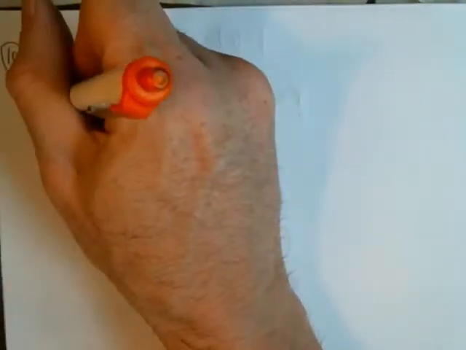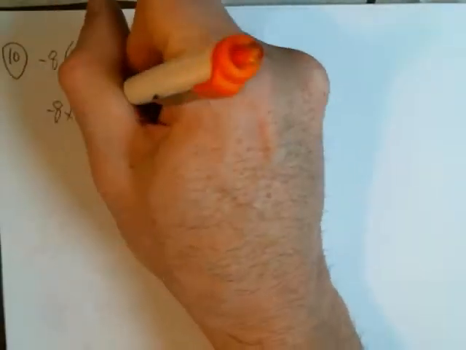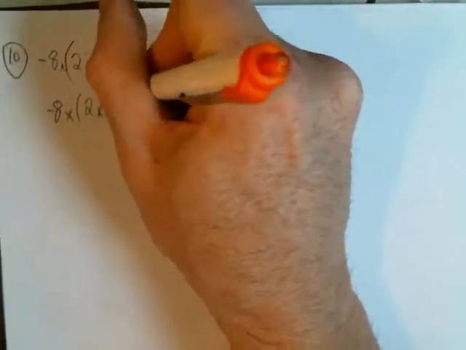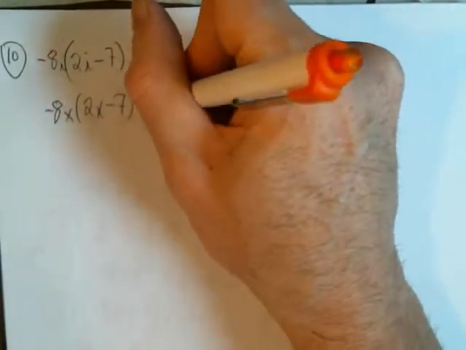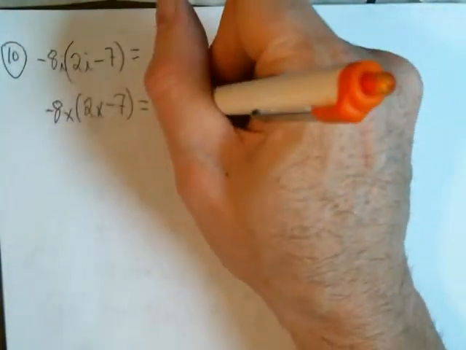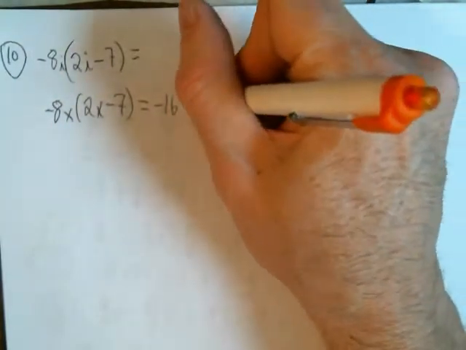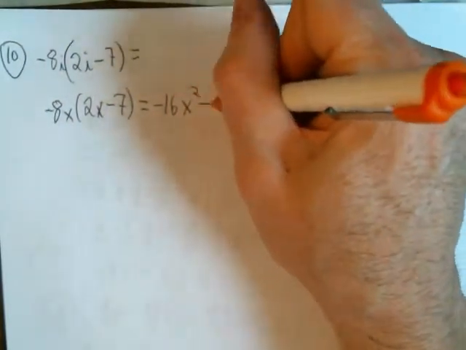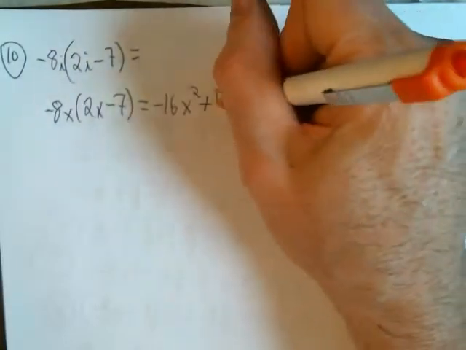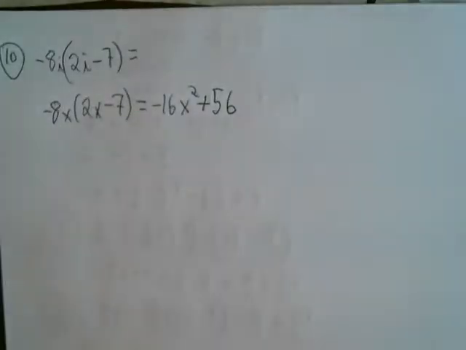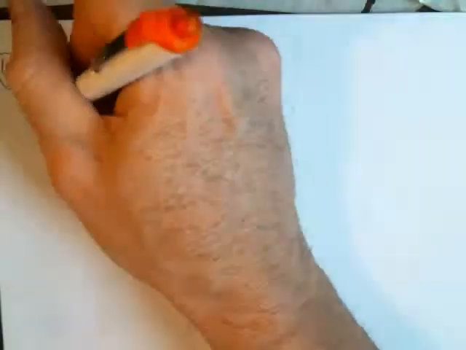So if you had, for instance, negative 8x times 2x minus 7, negative 8 times 2 is negative 16. x times x will give you x squared. And then negative 8 times negative 7 is 56. So it's the same idea with the imaginary numbers.